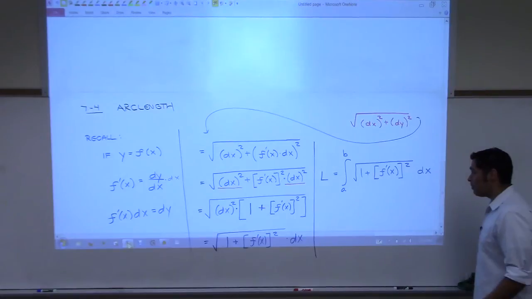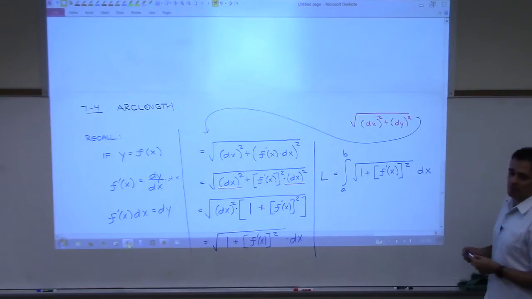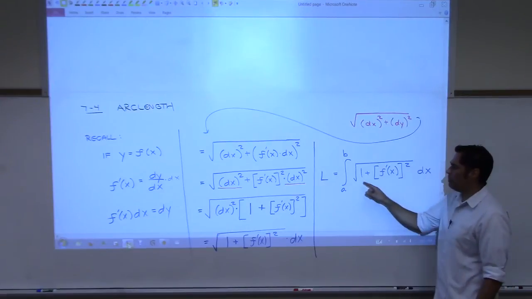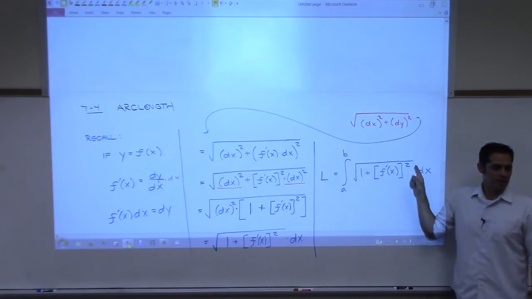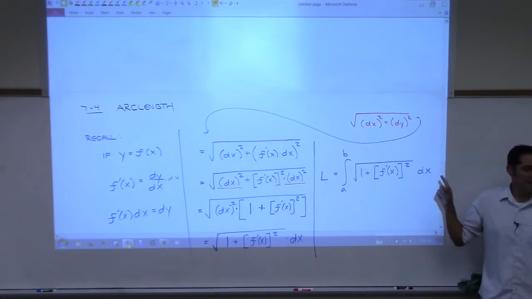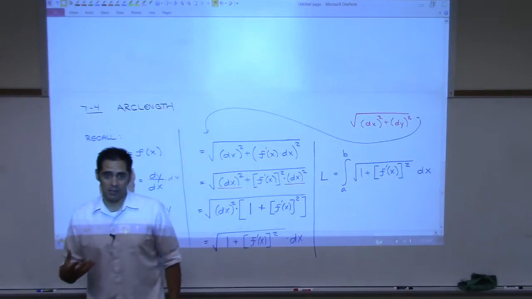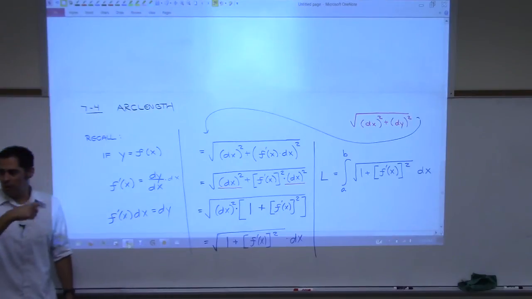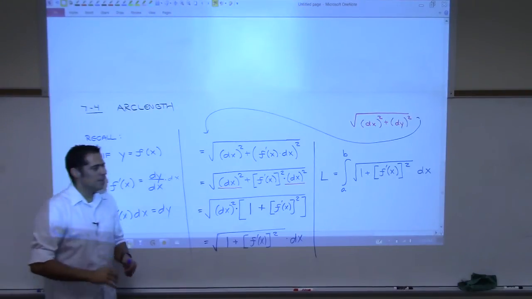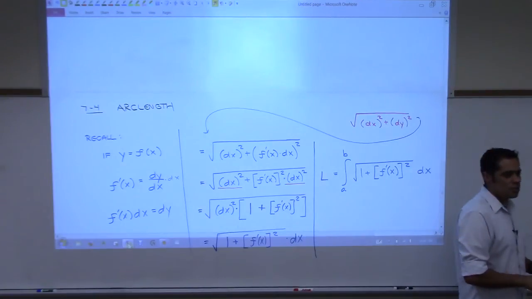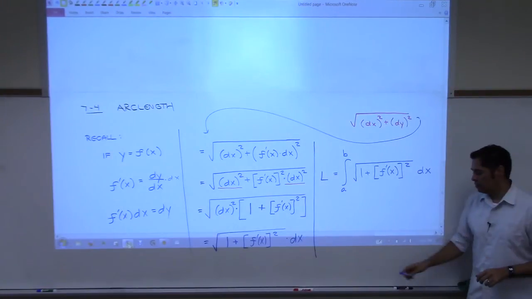So it's a nice formula, but it's got some problems. We've seen in this class how challenging it can be to integrate square roots of things. In fact, we had an entire section called trigonometric substitutions, which helped us deal with square roots of certain forms. So this inherently is usually a difficult thing to compute, all right?